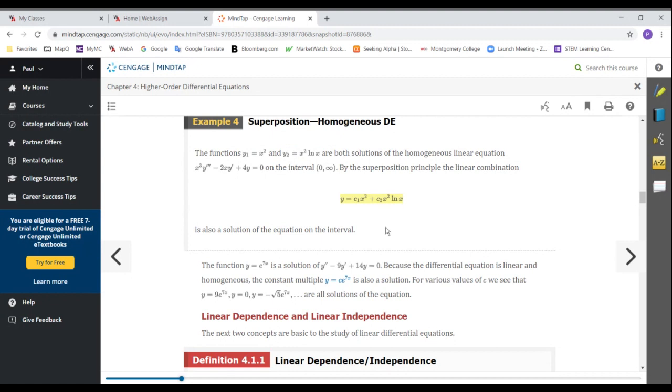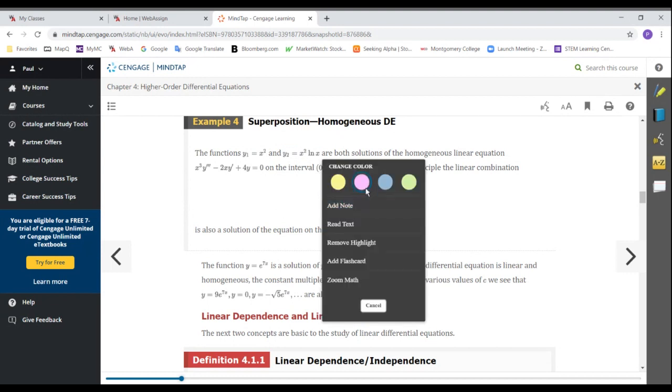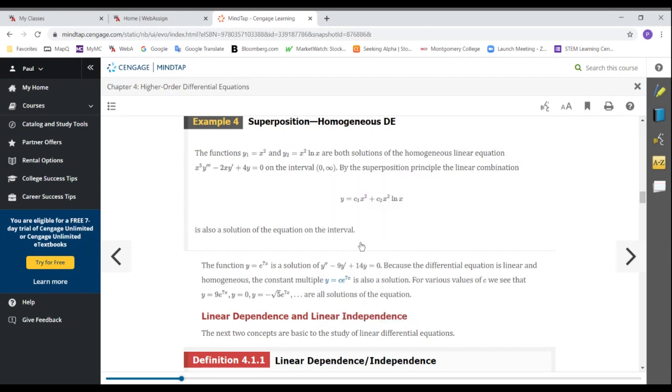Now you'll notice that these two homogeneous solutions are independent of each other. What does that mean? Well, y1 equals x squared and y2 equals x squared log of x. Are they constant multiples of each other?